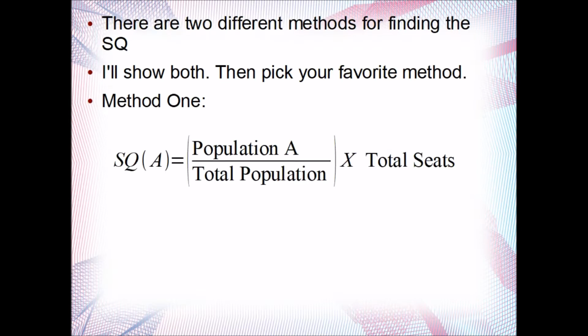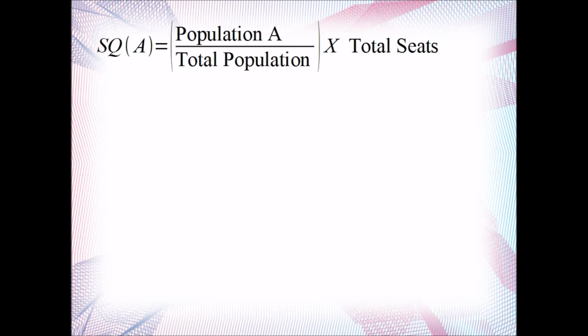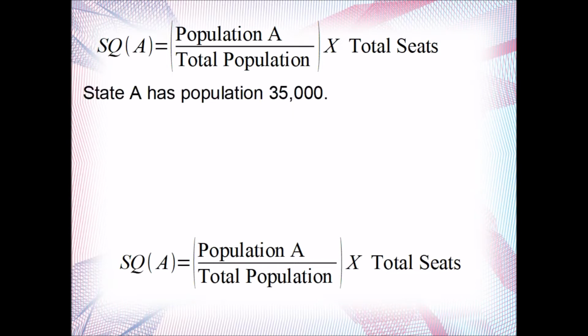So the first method, here's a formula that we use. In order to find the standard quota of State A, we take the population of State A divided by the total population and then multiply that by the total seats. So as long as you can remember this formula, it's pretty easy to do. Going back to my example, let's look at State A. I put it in a red box so that we can concentrate on it. You know that State A has a population of 35,000, so I'm just going to replace the population of A in the formula with 35,000.